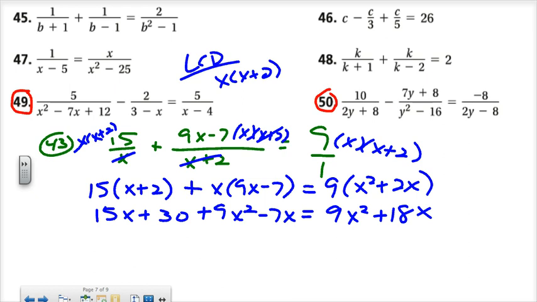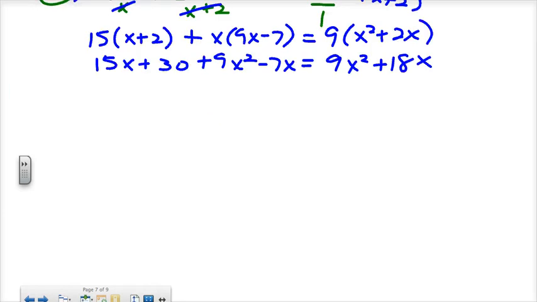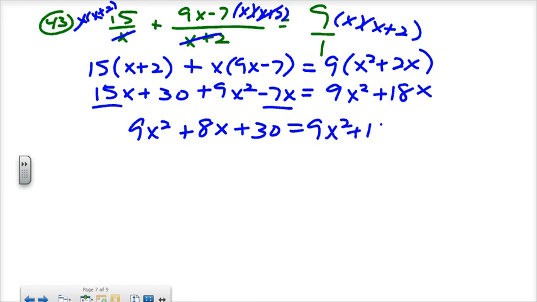And something really good just happened. We have a 9x squared on both sides. Give me a second to simplify first, and then we can subtract that out of there, and we won't have to factor to solve this. So 9x squared, we have 15x minus 7x, which is plus 8x, plus 30, equals 9x squared plus 18x.